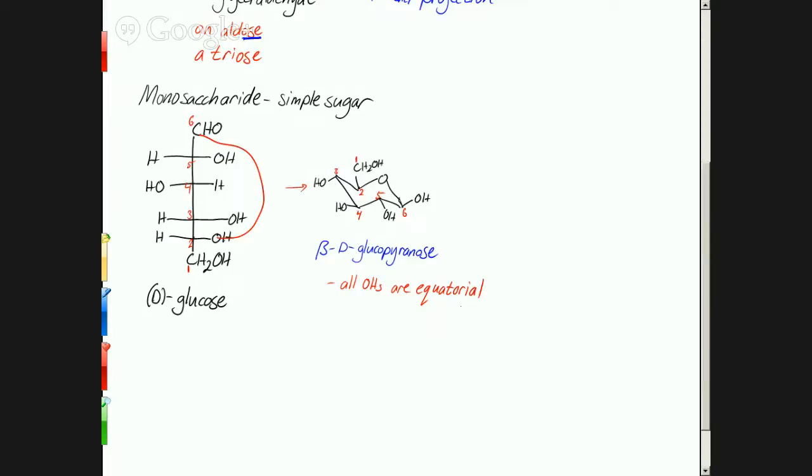Every one of those OHs is on an equatorial bond. And that's considered a main reason that glucose is the most important and most common sugar, because it can adopt the most stable molecule, where they're all equatorial. Other sugars can't do that because the stereochemistry changes. So if we try to convert some of those other sugars into their pyranose forms, we don't get that nice all the way around equatorial behavior.